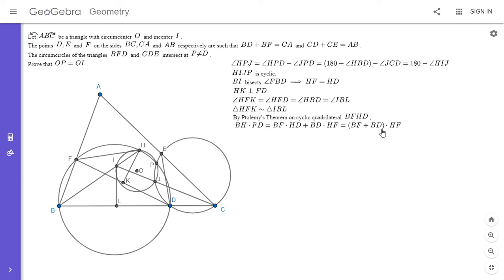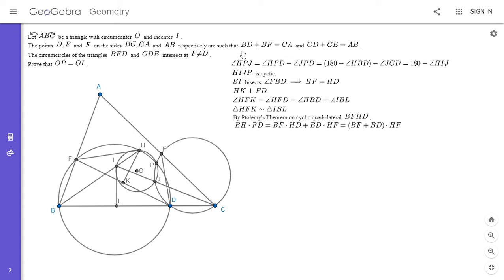This is really the key step, I feel like, where you use Ptolemy's theorem to take advantage of the sum condition. It's a little bit tricky of a way to take advantage of this, but I haven't been able to find another solution that takes advantage of this in a way that doesn't use Ptolemy's theorem. So if you have an idea in mind, I'd love to see it.